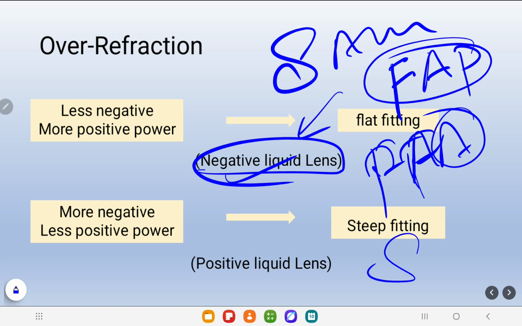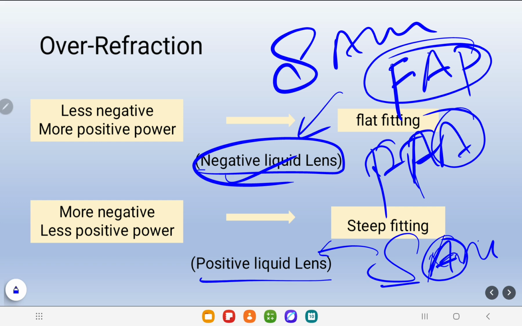And steep fitting, add negative, because in steep fitting a positive liquid lens is there. So I think we have already covered this topic.